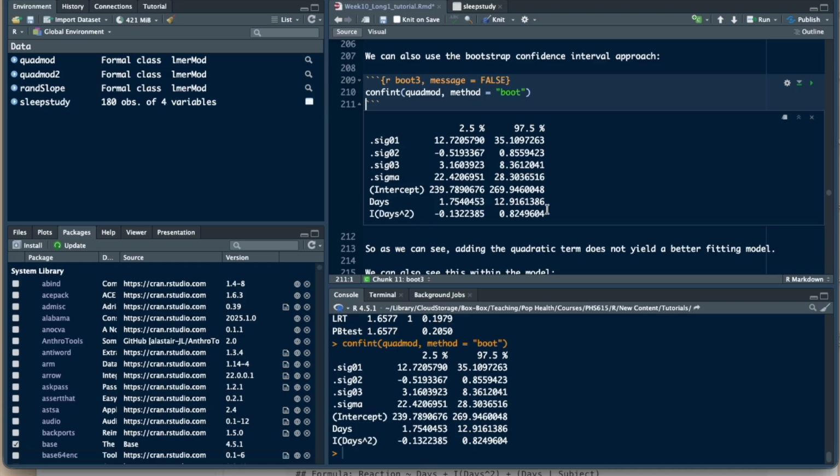You will find if you use parametric bootstrapping for confidence intervals, it can take quite a long time, especially if you have a lot of fixed effects. The more complex the model is, the more computations that have to be drawn. It also can take a very long time if you have a large data set.